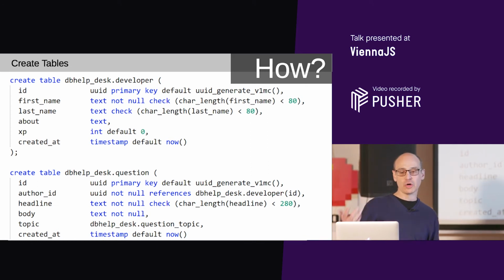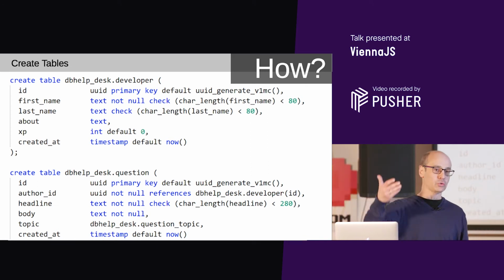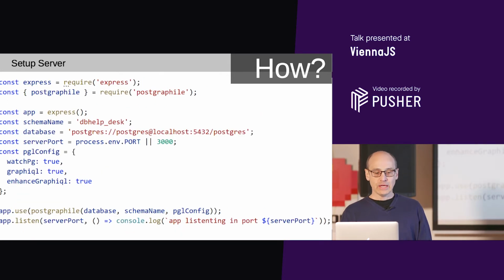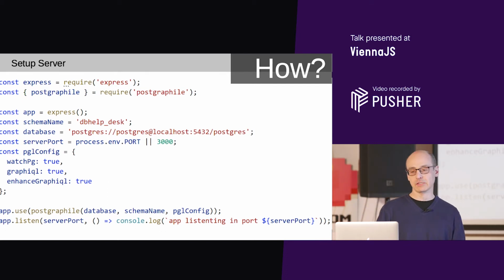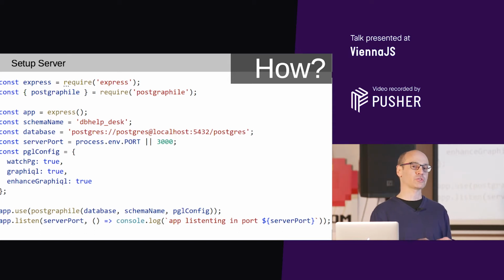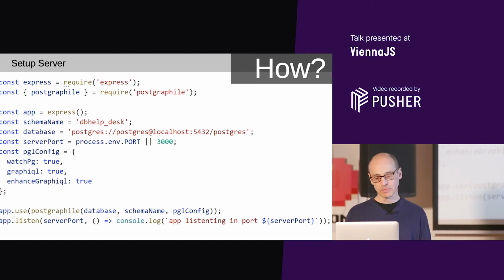Anyway, so how does it work? First, you create your tables, like any other SQL instructions for creating tables. Then on the server, you can instantiate Postgraphile as a middleware for an Express application. You pass some configuration information there, the database that you're going to be hooking up. In this case, I'm setting it up so Postgraphile watches my Postgres database, so every time I change the schema, it will reconfigure and recreate the backend again.